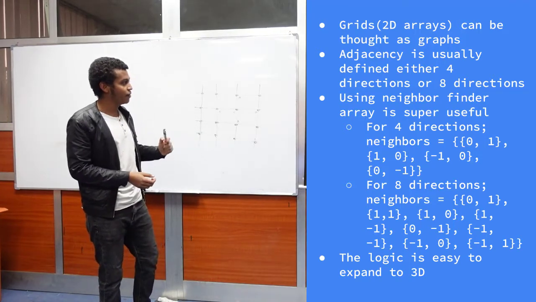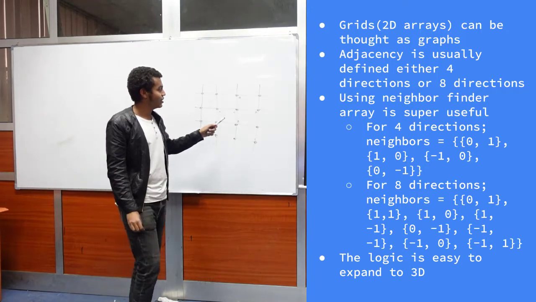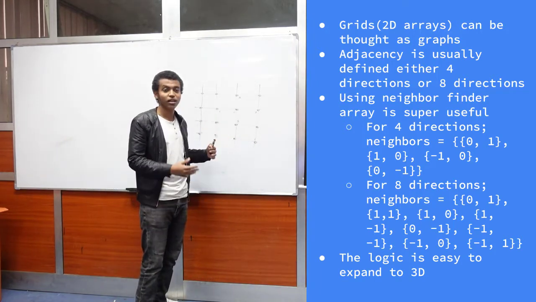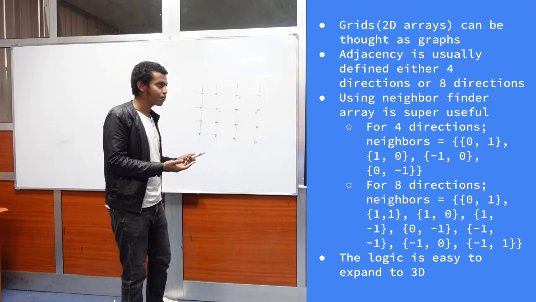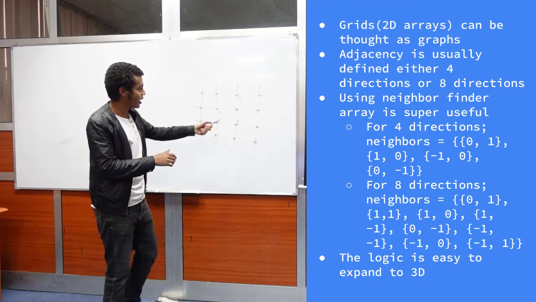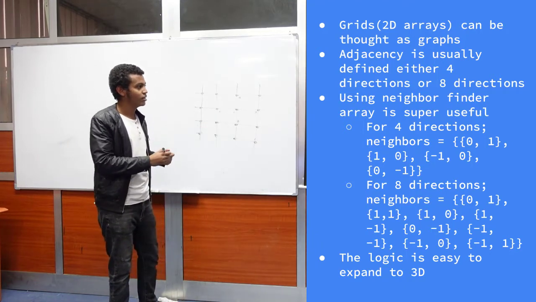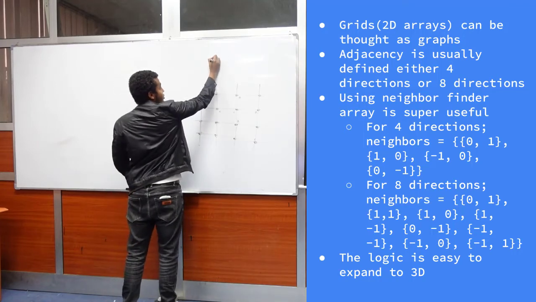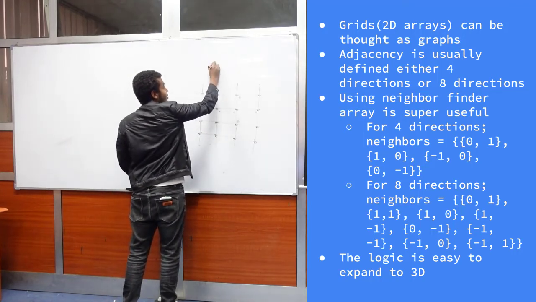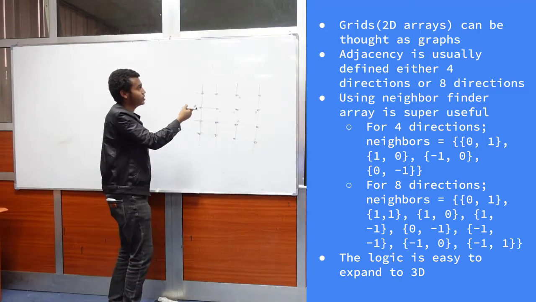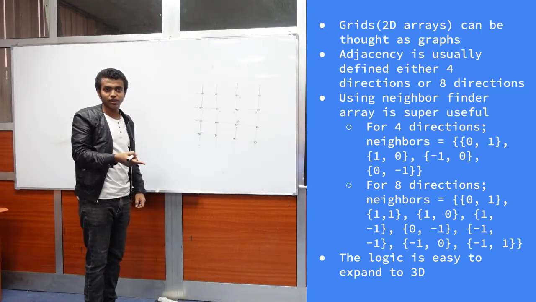So if it's stated that vertices that exist above, left, right, and below it are its neighbors, in order to find these neighbors, A is described as a cell represented with, let's say, I and J. I could be its row number, and J could be its column number.